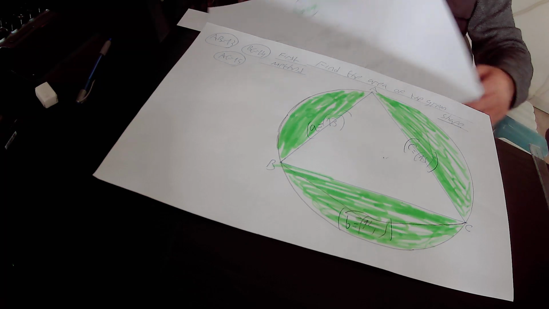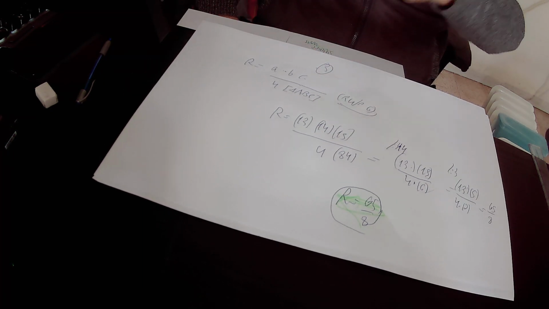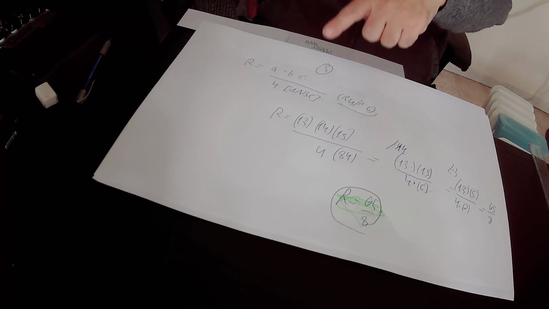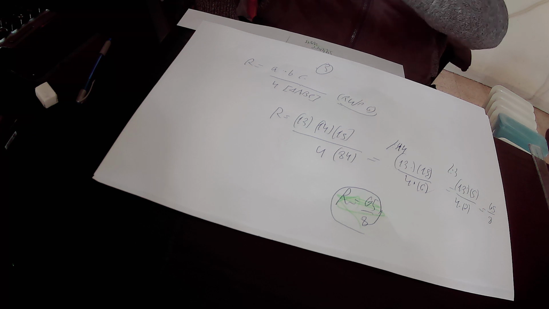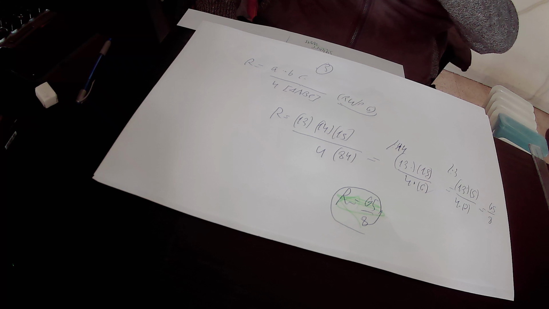Repeat again, according to rule number 6, the radius of our circle that blocks triangle ABC must be equal to A times B times C, that is the multiplication of the side lengths of triangle ABC that is blocked by the circle, over 4 times the area of triangle ABC that is blocked by the circle. This is according to rule number 6.